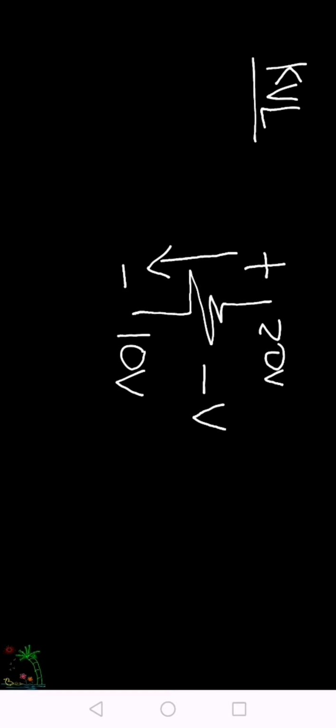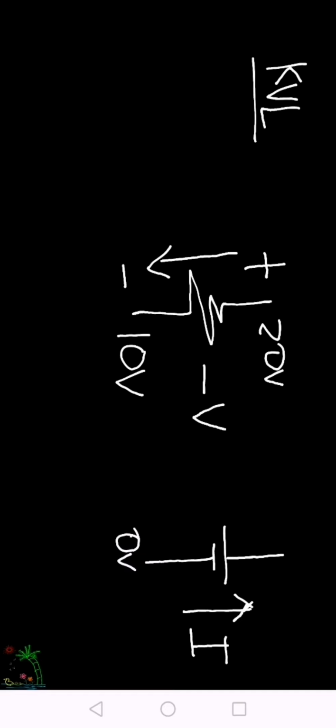While in a battery, it is different. Current can flow from low potential to high potential. So this could be 0 volts and this could be 20 volts.